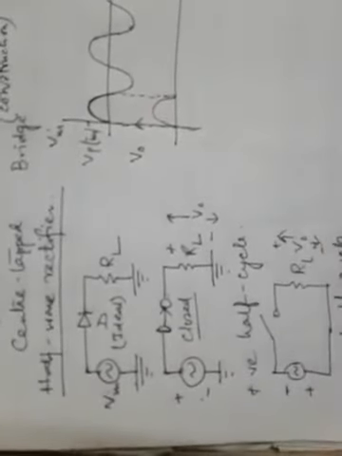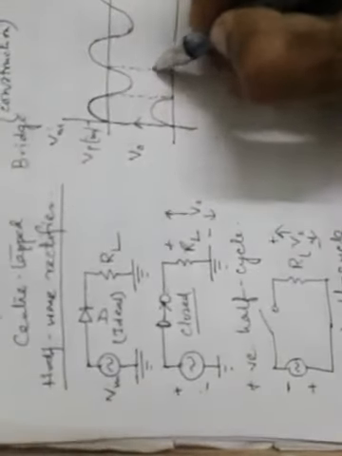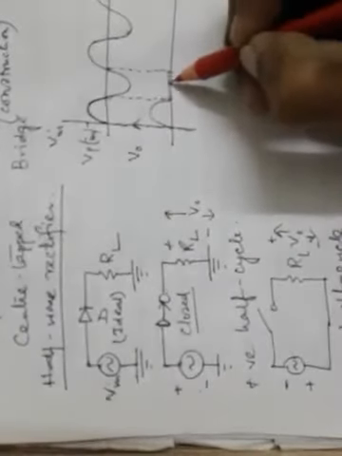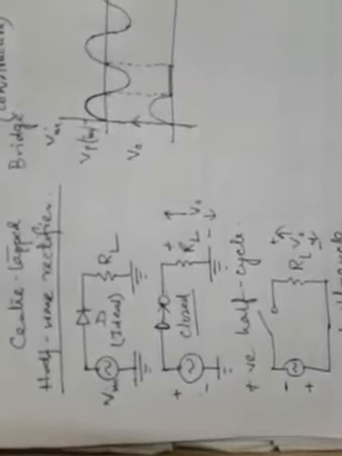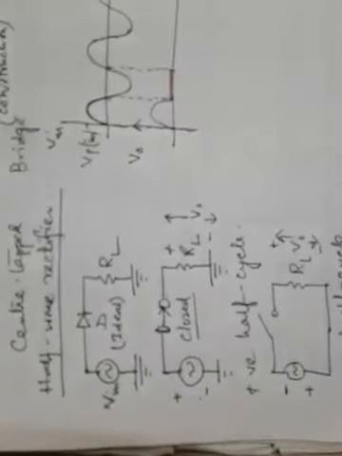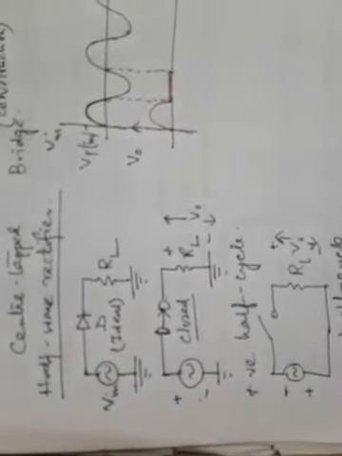That means during this negative half cycle, between this area, the diode current, or rather the diode voltage, the output voltage, will be grazing the time axis. The output voltage is 0 in this case.